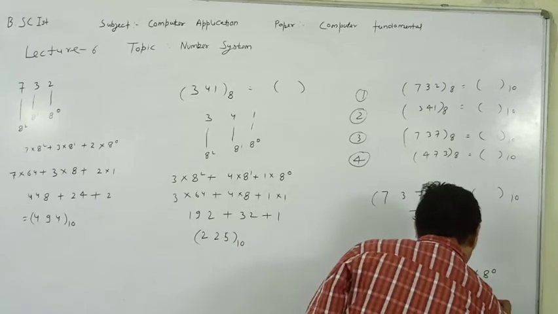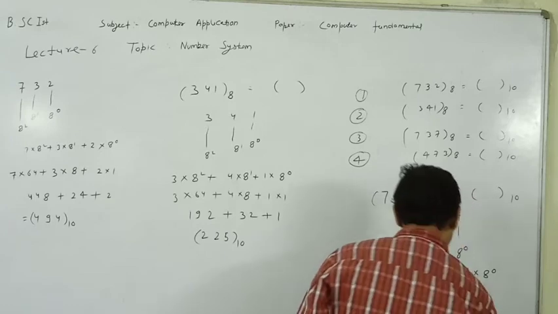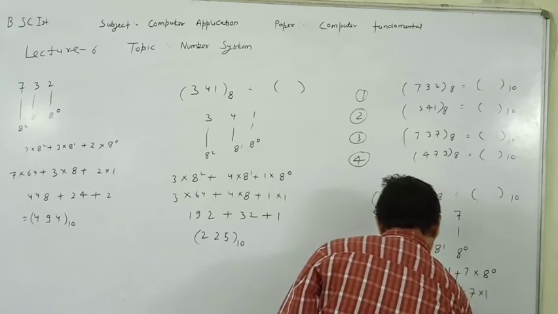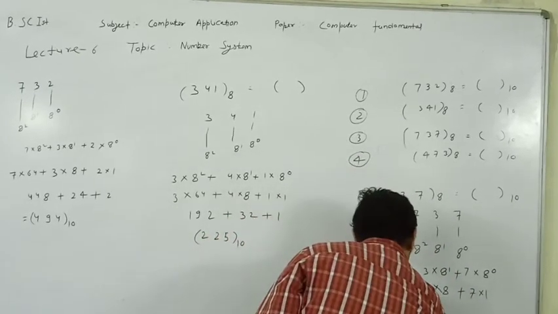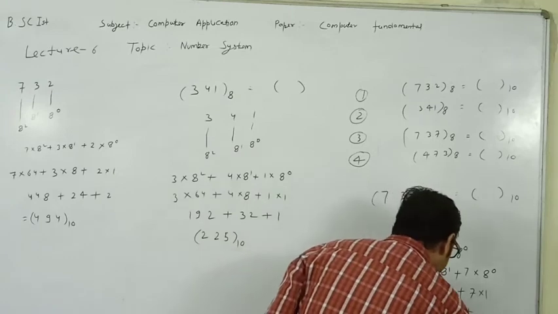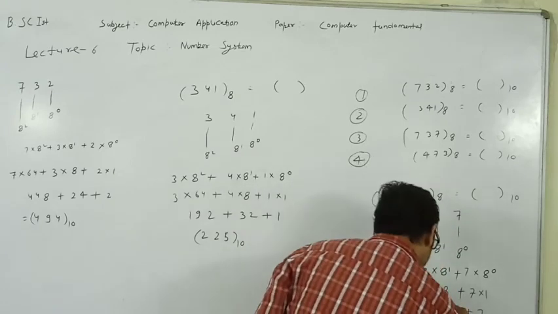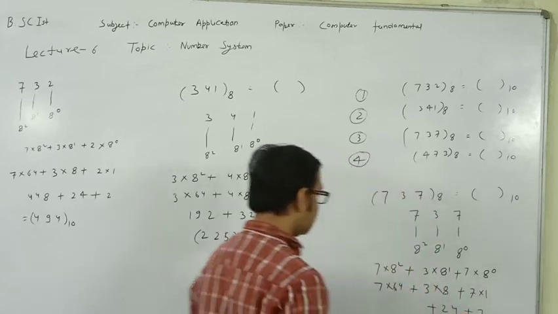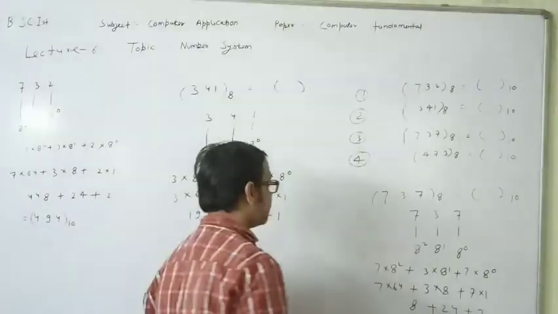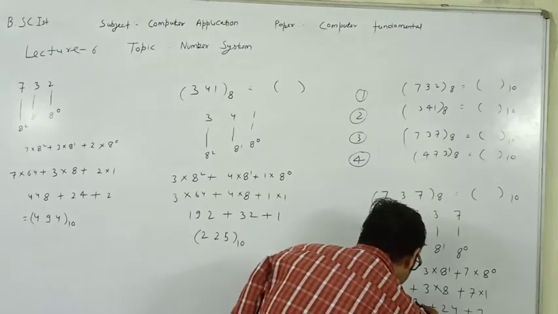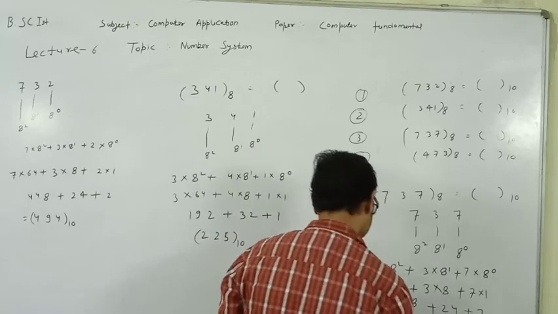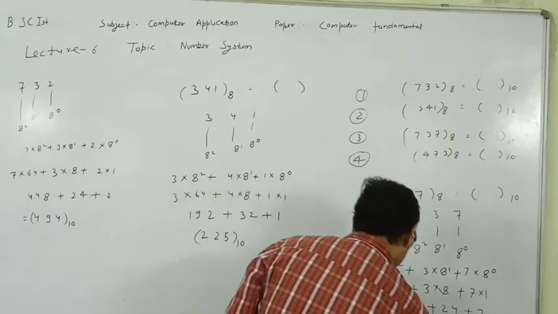8 power 0 is 1, 1 into 7, plus 8 power 1 is 8, multiplied by 3, and 8 square is 64, multiplied by 7. Now 7 into 1 gives you 7, 8 threes are 24, plus 64 multiplied by 7: 7 fours are 28, 2 left, 7 sixes are 42 plus 2, 44.